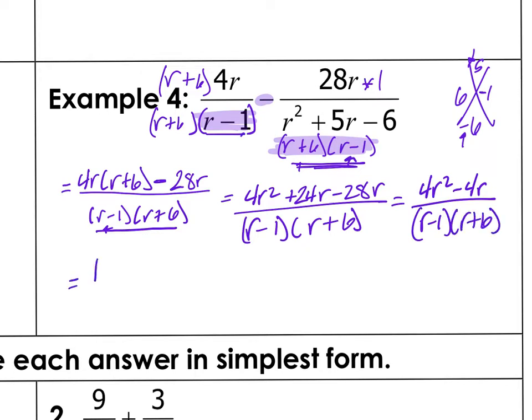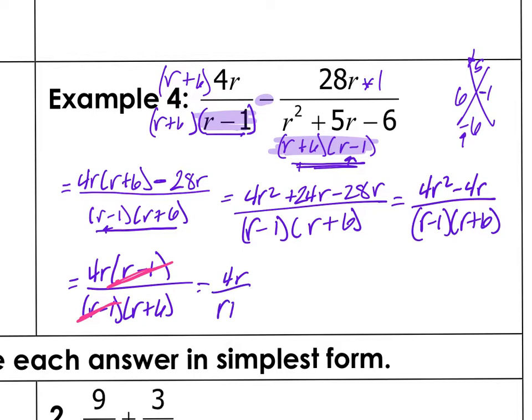I can take a 4r out, and I get left with r minus 1 all over r minus 1 times r plus 6. So if I make a 1, I get an r minus 1 on the numerator and the denominator. So I get 4r over r plus 6. And there is your answer right there. Good job, you guys.